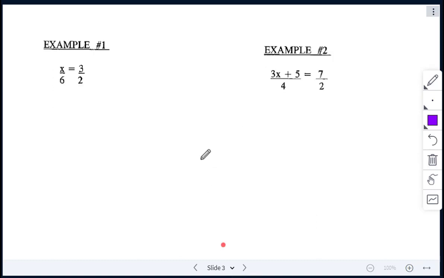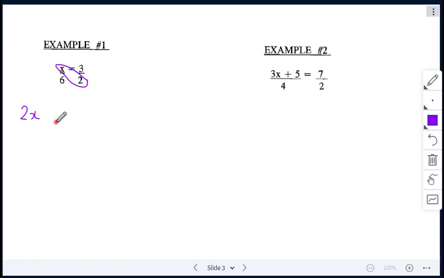So let's start with a simple one. Our first example, here we have x over 6 equals 3 over 2. So we're going to use cross multiplication. So that means we're going to multiply these two together, x times 2, put it on one side of the equation.